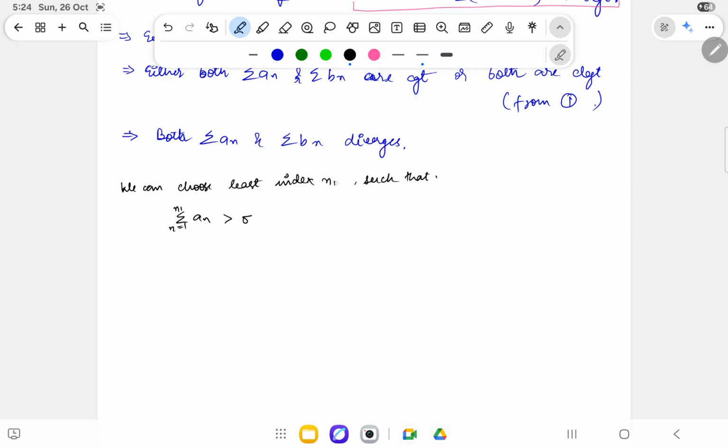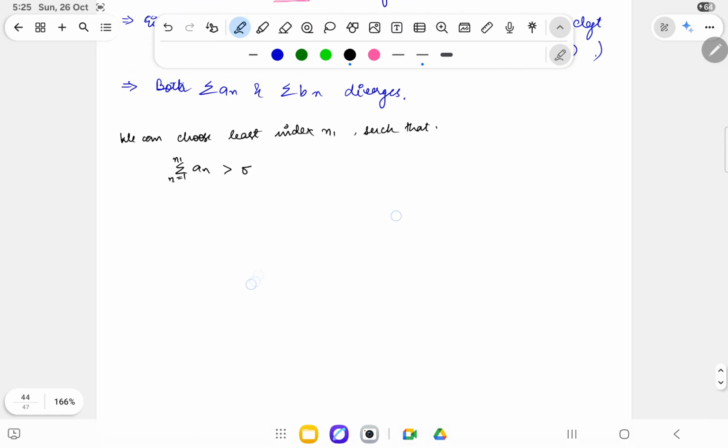For example, if my n1 turns out to be 100, then for any n less than 100, this summation should not be greater than sigma. So n1 is the least index such that this sum turns out to be greater than sigma.